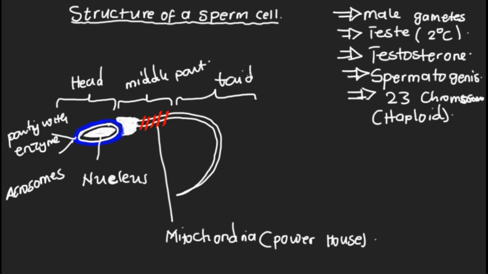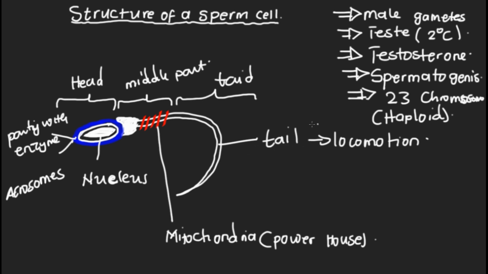So that is the function of mitochondria: to produce the energy required for the movement of the cell. Then this structure, which is the tail, is used for locomotion. Locomotion is the movement from one position to another position.